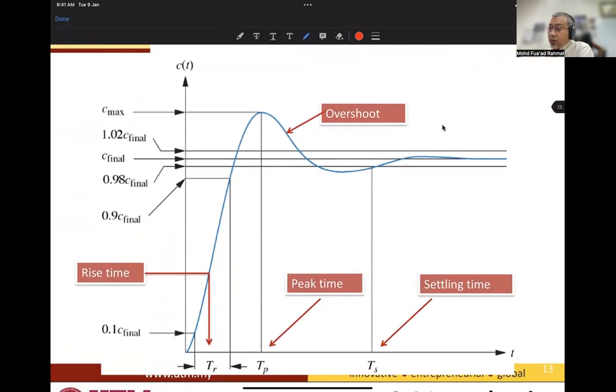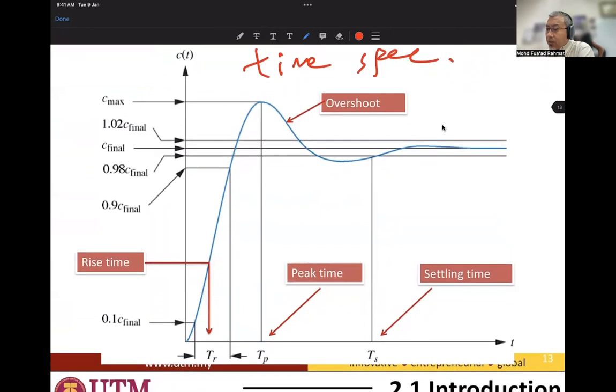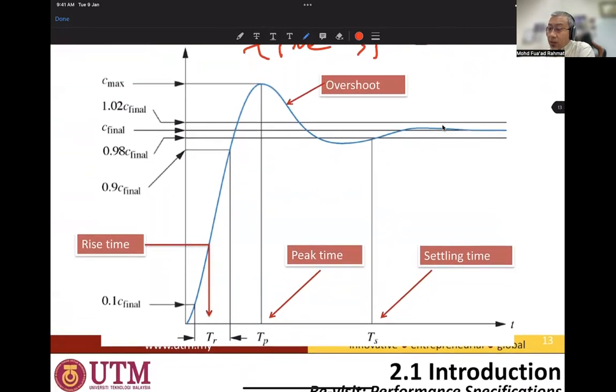And for the second order system, the time specs are shown here: the overshoot, the peak time, the settling time, and the rise time as well. Rise time is similar to first order, which is T90% minus T10%. The peak time is at the peak of the response.